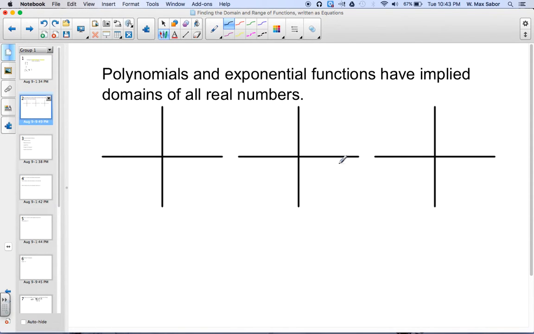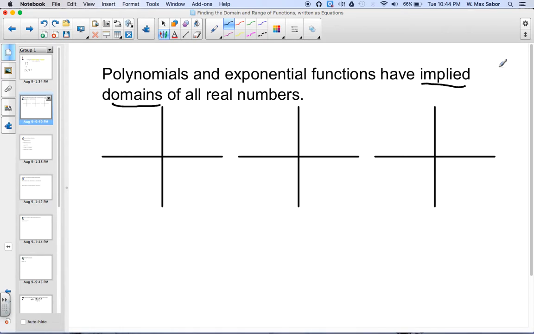So the first thing, polynomials and exponential functions have implied domains of all real numbers. When I say implied domains, that's what I'm talking about throughout this video. Implied domains means I'm talking about just what the equation says.